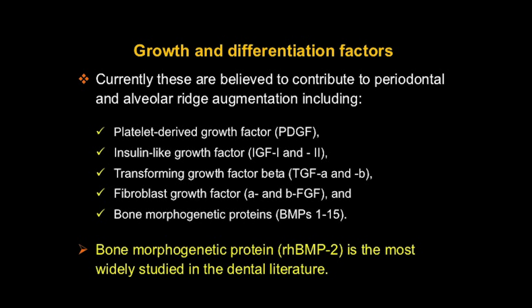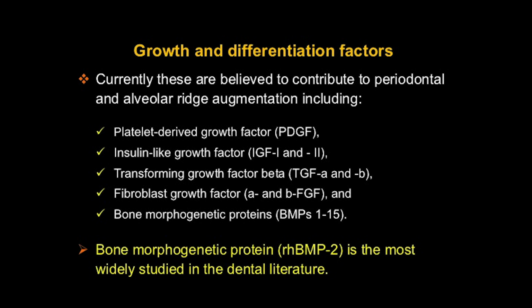Currently, they are believed to contribute to periodontal and alveolar ridge augmentation, and the growth factors come in different groups like platelet-derived growth factor, insulin-like growth factors, transforming growth factors, fibroblast growth factor, and bone morphogenetic protein, BMP.